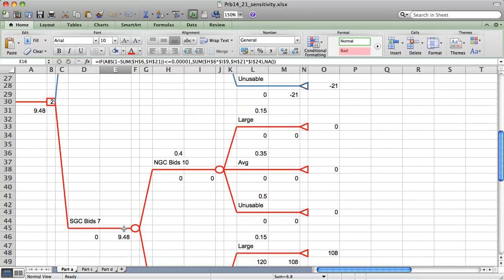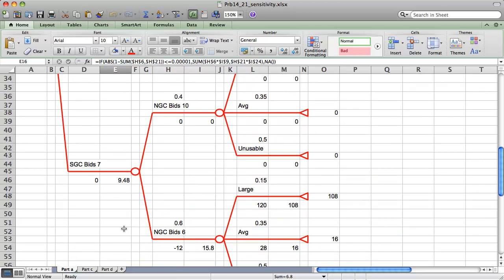On the other hand, they can bid low, 7 million. And if they bid low, now they're competing, and 40% of the time they would lose the bid because their competitor would bid more. But 60% of the time, at least that's their estimate, there's a 60% chance that NGC is going to bid low, which is only 6 million, in which case SGC wins the bid again.